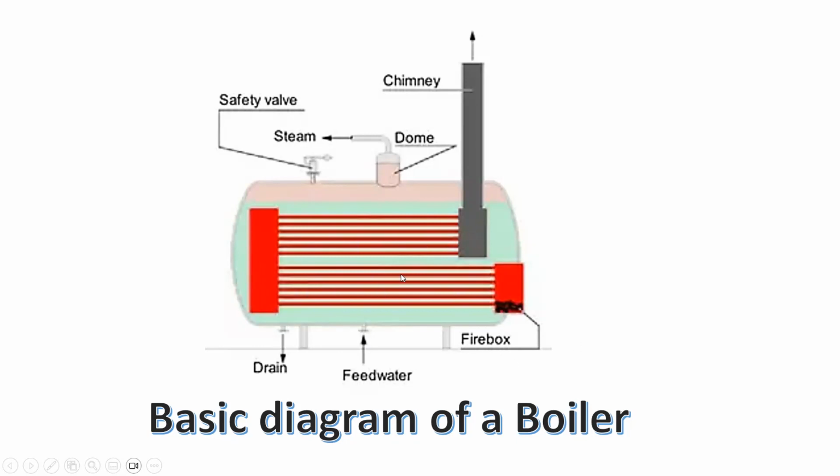So here the fire is being continued, and wherever you are having the chimney, right, the water is converted into steam, and through the chimney the gases are going out. Here the steam is passing through a wall, and this is the dome, right? So the working of the boiler will be explained by taking each and every variety in the coming classes.